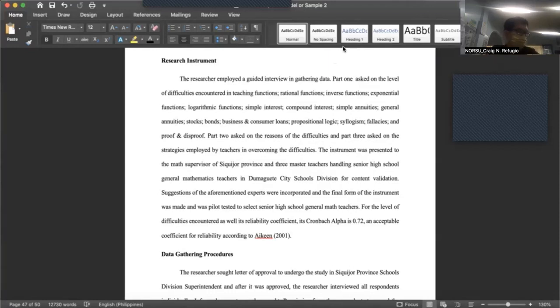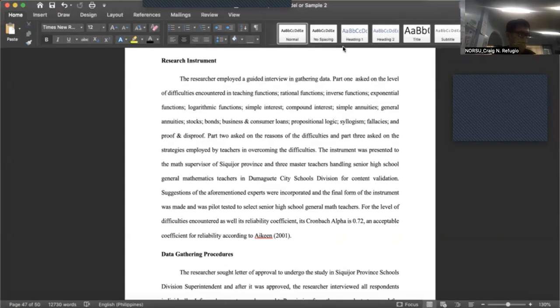One of the things that you are going to consider in terms of experts is that when we look at math teachers' competencies, math teachers' difficulties, and all about math at DepEd, we can consider those math supervisors as experts, and then the master teachers for math as experts, or even the veteran math teachers.